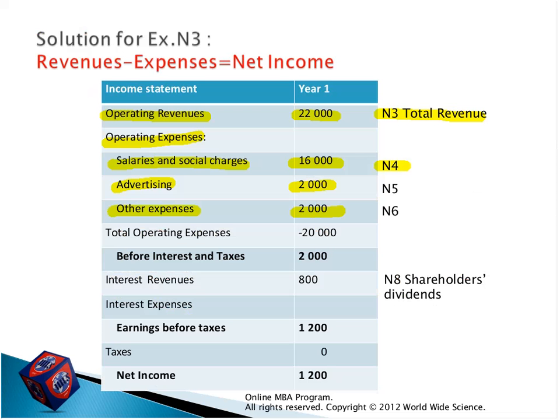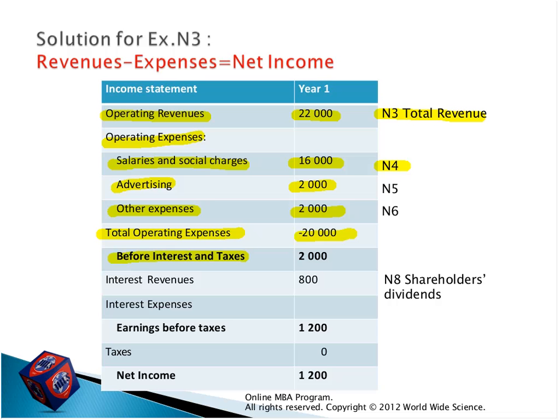So with these expenses, the operating expenses are done, and total operating expenses show that we have 20,000 negative. To calculate the income before interest and taxes, we have to take our revenue, deduct the expenses, and we get it.